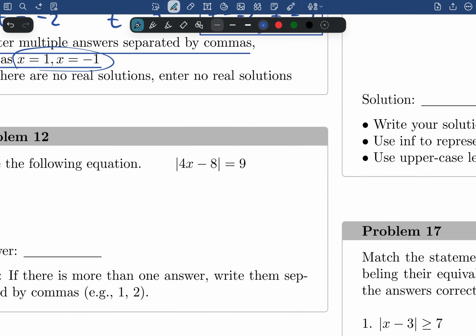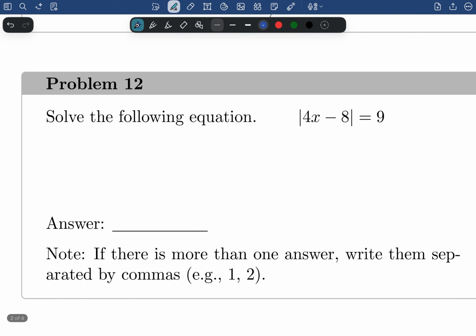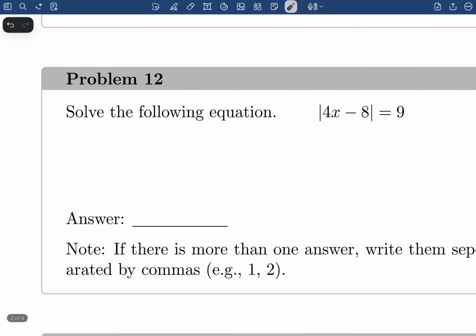Moving forward, let's solve the following absolute value equation. And so we see an absolute value all by itself on one side of the equal sign. And the result is positive. Okay, so we can break this equation into two separate equations to drop the absolute value symbols.